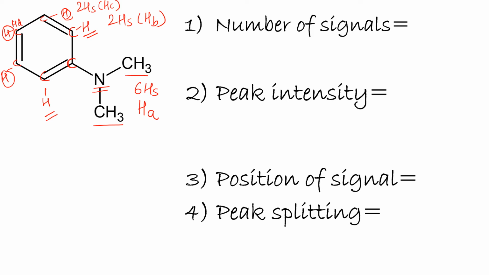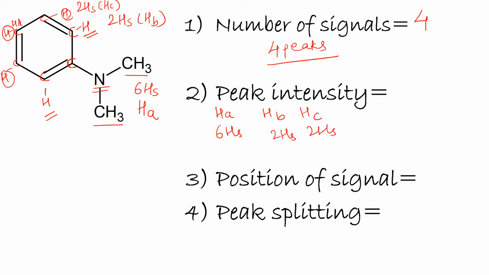So A, B, C, D. So 4 sets of chemically equivalent protons, so 4 signals. That means 4 peaks in the 1H NMR spectrum of this particular structure. What would be the peak intensity? See, HA has 6 hydrogens, then we have HB and HC, which have two hydrogens each, and then we have HD, which has only one hydrogen.